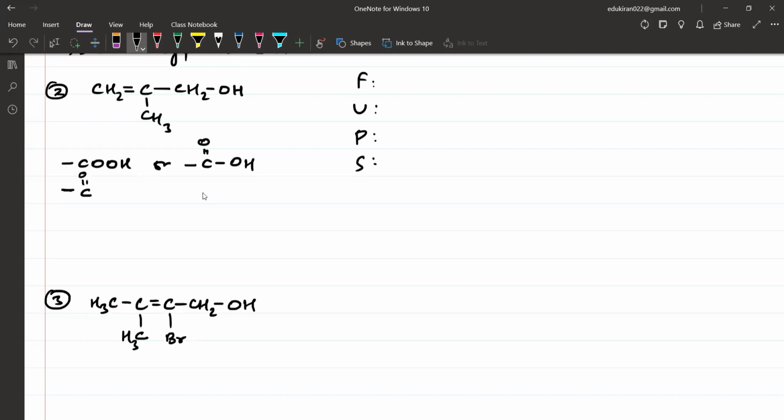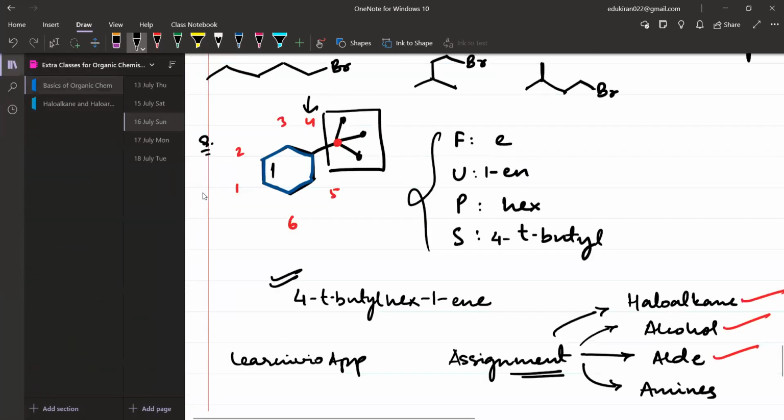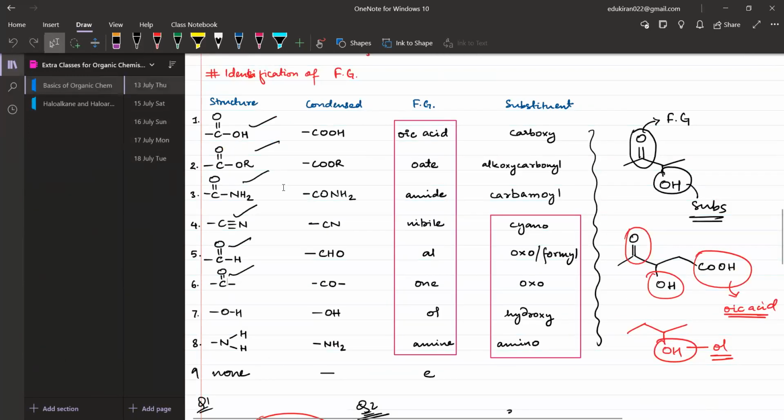So C double bond is not here, so you will not see any of the C double bonds. So you will not see oic acid. You will not see OH. You will not say amide. Amide, what all did we write? Amide is not that necessary, sometimes we don't write it. It is there, sir, amide.